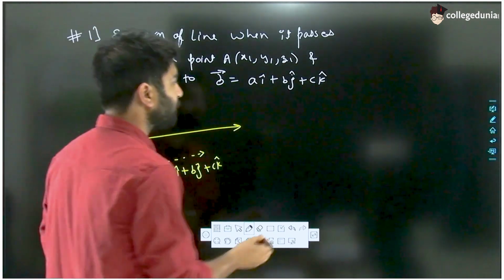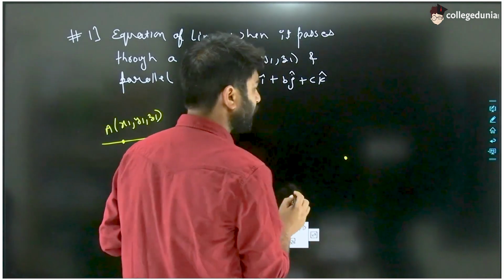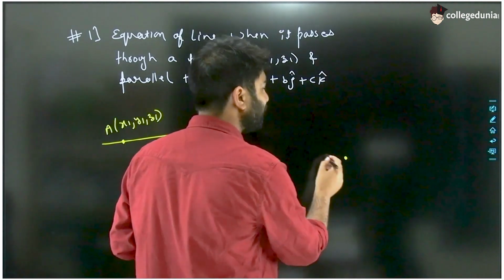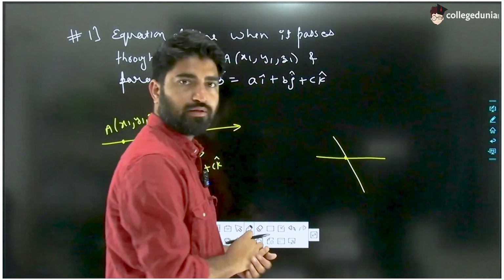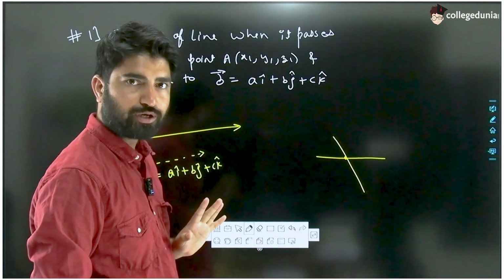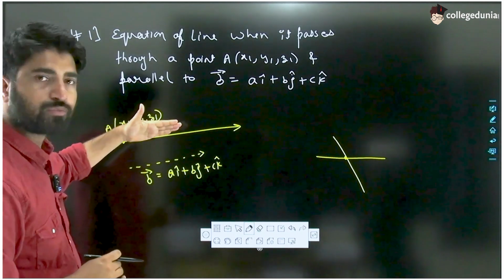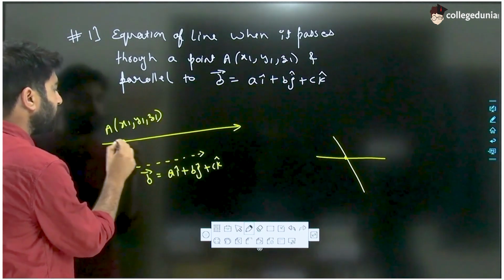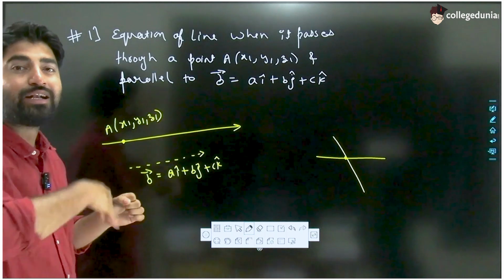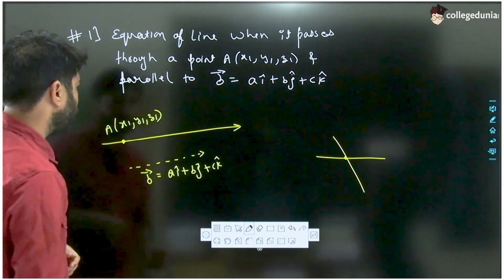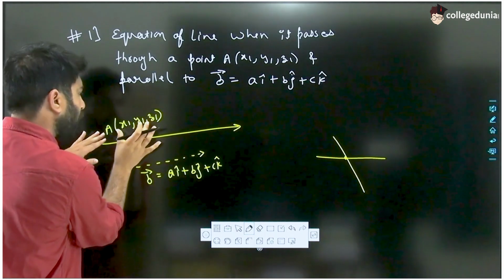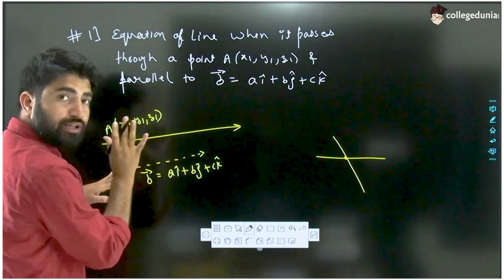Because we know that when we talk about a single point, there are infinite lines which will pass through this specific point, okay? And if we want the equation of a particular line, so this single point will not help. We also need the direction vector, okay? So this point and this parallel vector will be given in the question, okay?